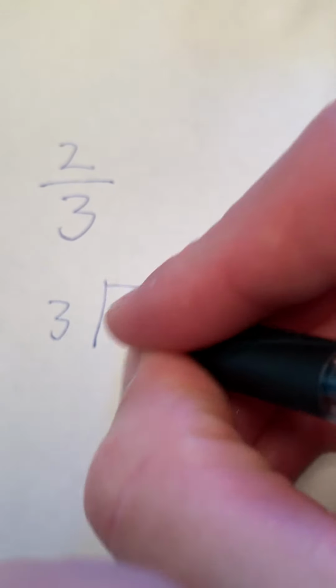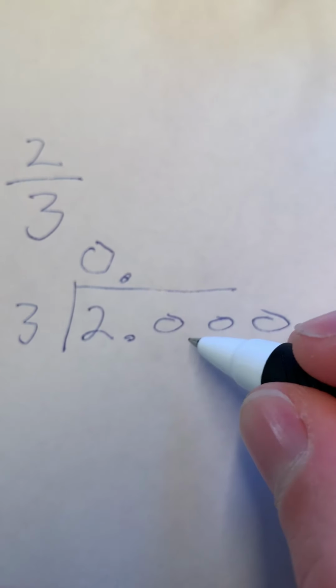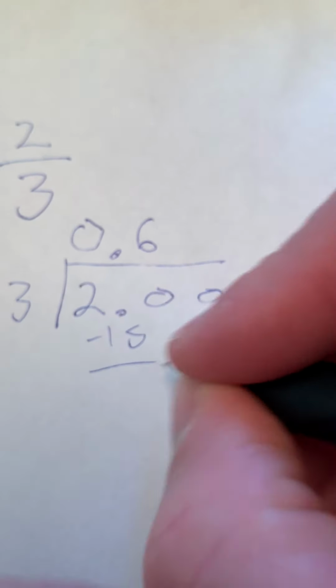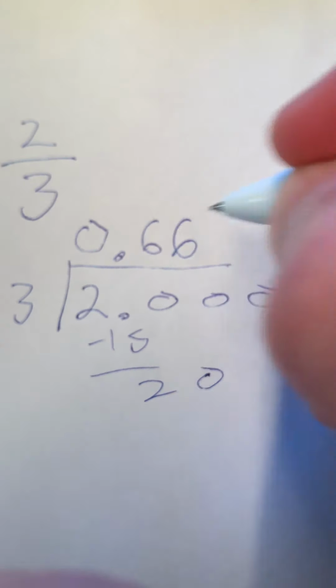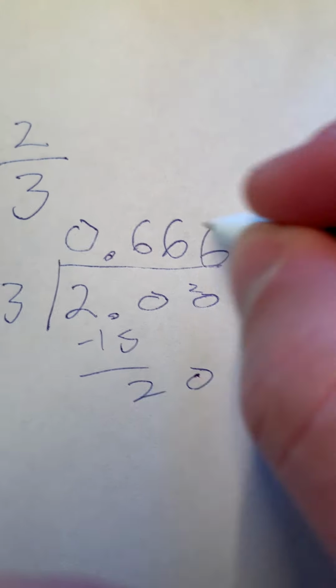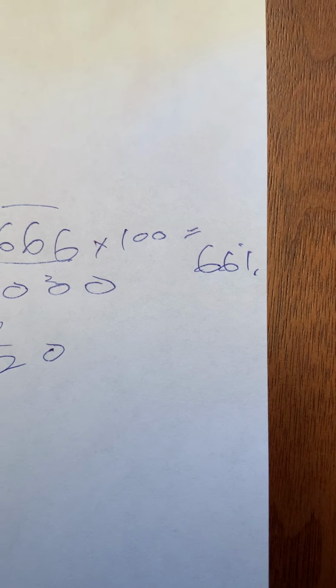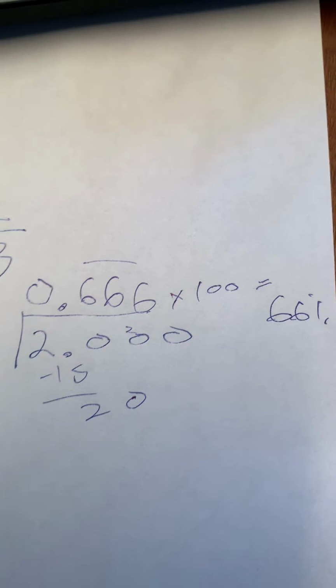Well, I divide. 3 goes into 2 zero times. 3 goes into 20 six times; 3 times 6 is 18, and then I drop the 0. 3 goes into 20 another 6 times, with 2 left over. It goes 0.6666. So that's my decimal, and to get a percentage, I multiply by 100. And so about 66% of the population of Jews in Europe were killed by the end of the Holocaust.